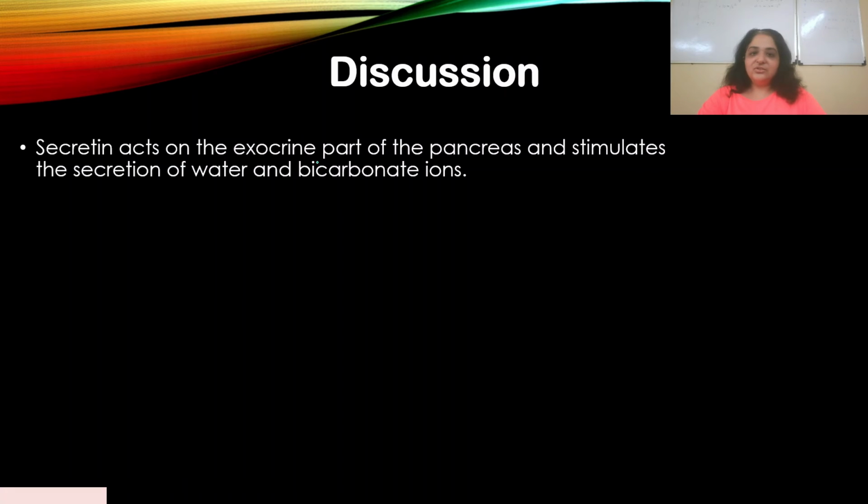So secretin acts on the exocrine part of the pancreas. We just discussed the structure of the pancreas. Okay, there's an endocrine and the exocrine part. So secretin acts on the exocrine part of the pancreas and stimulates secretion of water and bicarbonate ions. Okay, so secretin was one of the first gastrointestinal hormones that was discovered, and it's secreted by S cells.